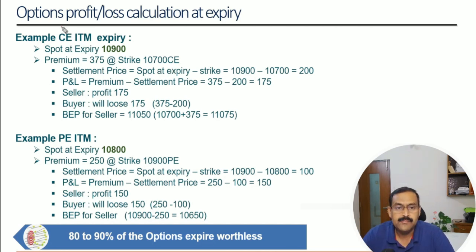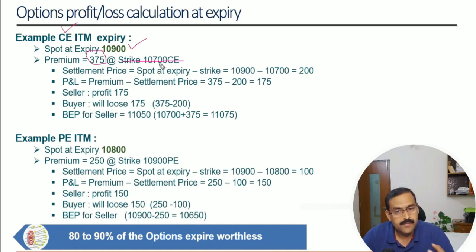In the first example, I am taking a call option. Let us assume that Nifty gets expired in this case at 10,900. But the contract was executed at 10,700 strike price for the call option at the premium of 375 before the expiry.